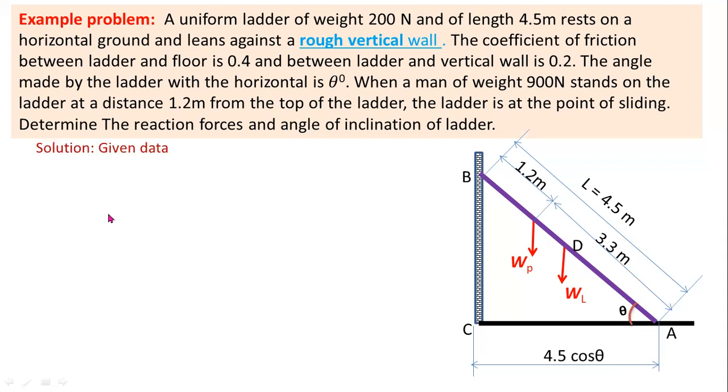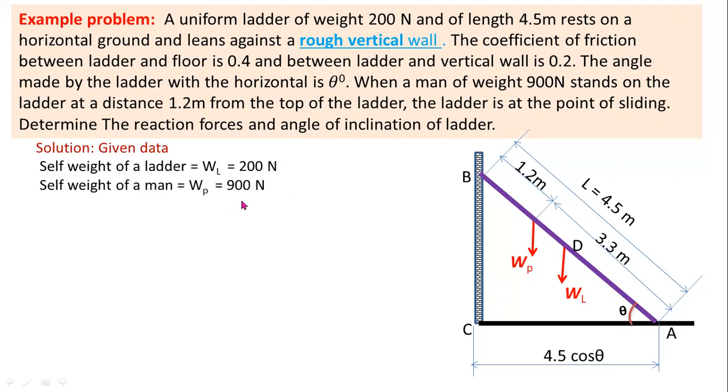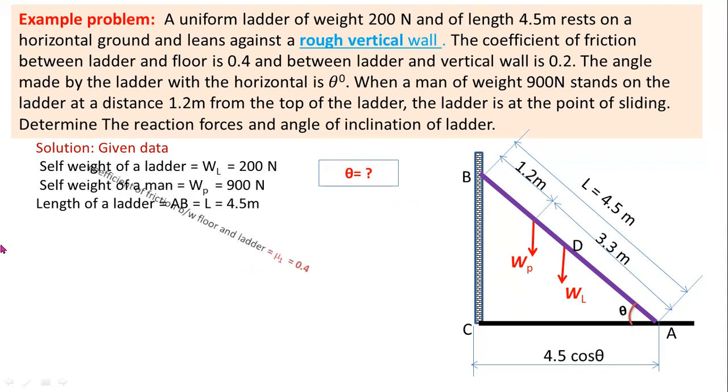Now the following are the given values. Self weight of the ladder WL equal to 200 newtons, self weight of the person WP equal to 900 newtons, and the length of the ladder AB equal to 4.5 meters. Theta is not given, so you have to determine the angle of inclination of the ladder with respect to the floor.